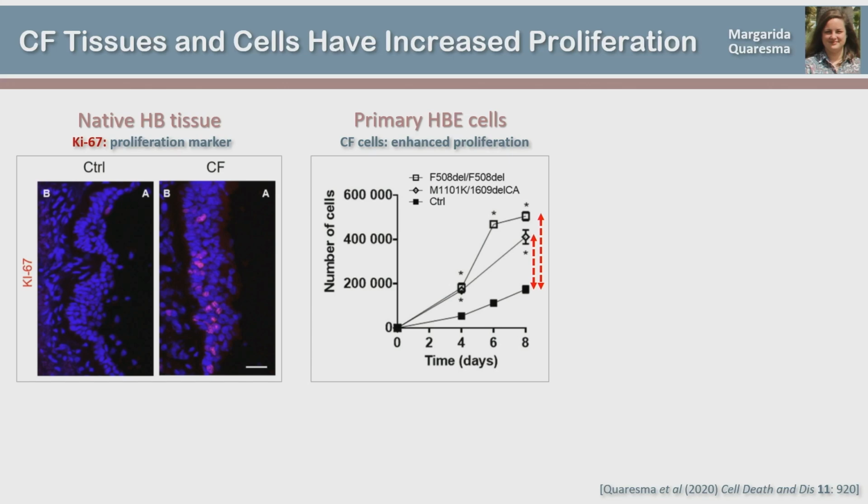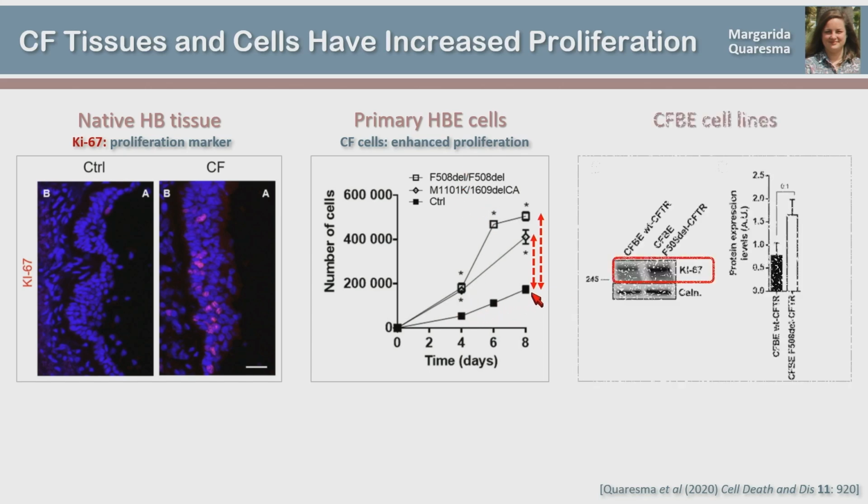In primary human bronchial epithelial cells, there is enhanced proliferation of the CF cells, and this we have seen with different genotypes as shown here, and these are the control non-CF cells.